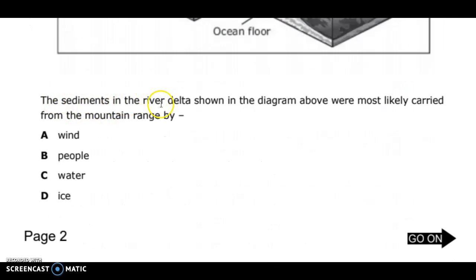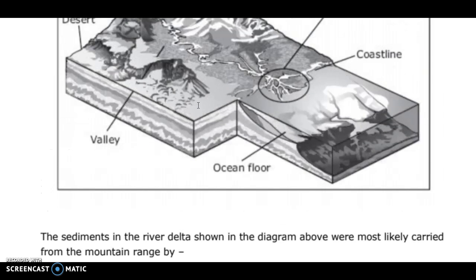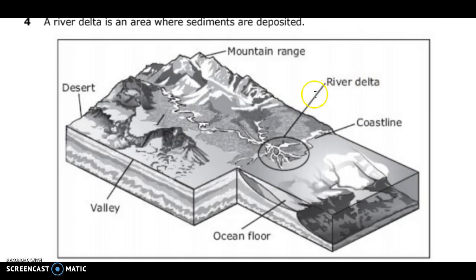The sediments in the river delta, shown in the diagram above, were most likely carried from the mountain range by A. Wind, B. People, C. Water, D. Ice. Here's the river delta. Where did the sediments come from?